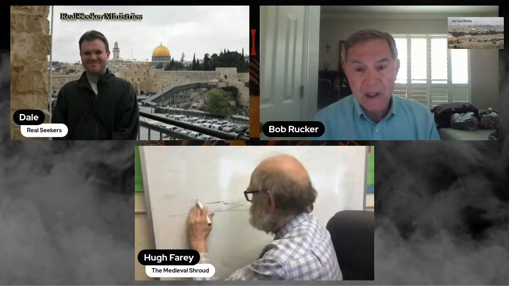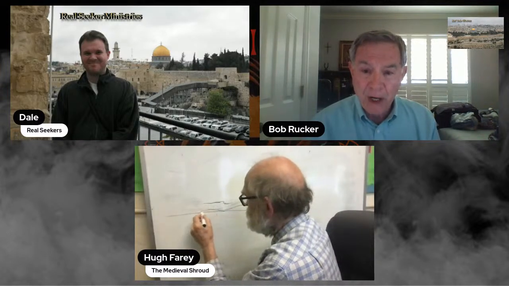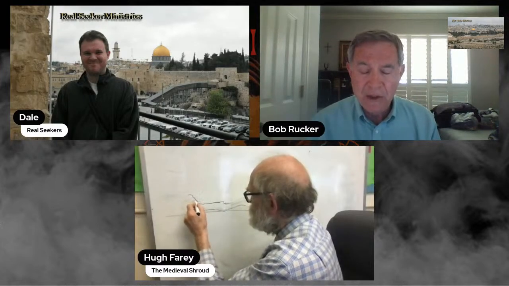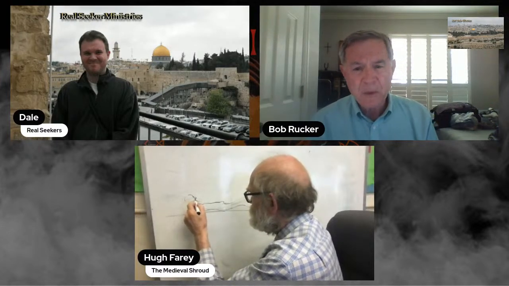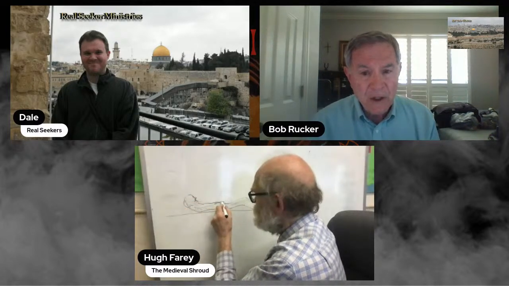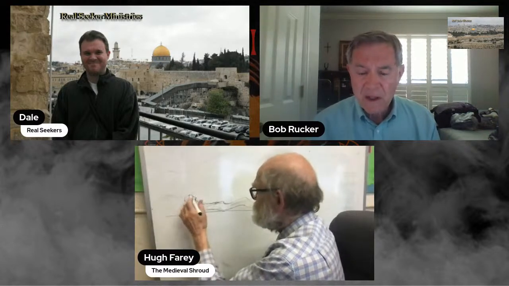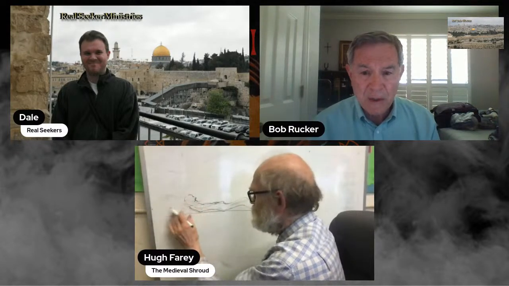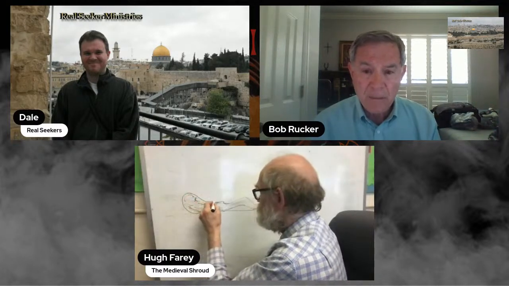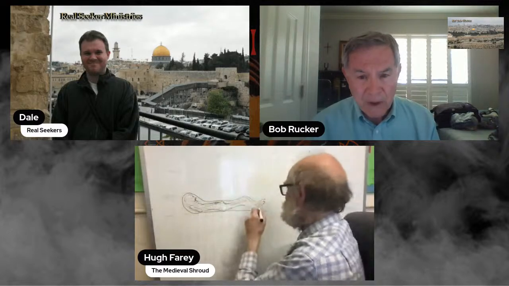So that would indicate that the body is some distance above the backside of the cloth where the dorsal image is now. So we end up with a situation, if you follow that evidence where it leads, and that's all I'm trying to do here, I'm trying to follow the scientific evidence where it leads, that the cloth above the body was levitated above the body, and the body was levitated above the dorsal side of the cloth. And so why would that be?